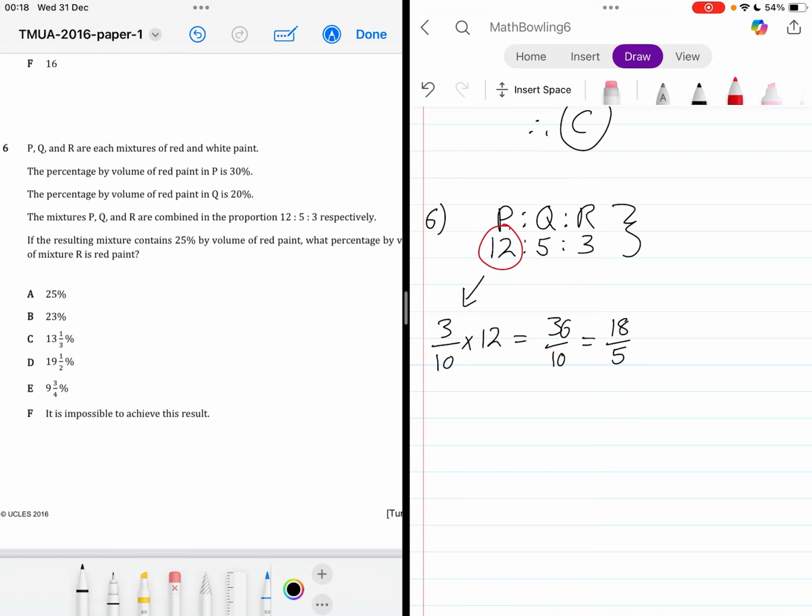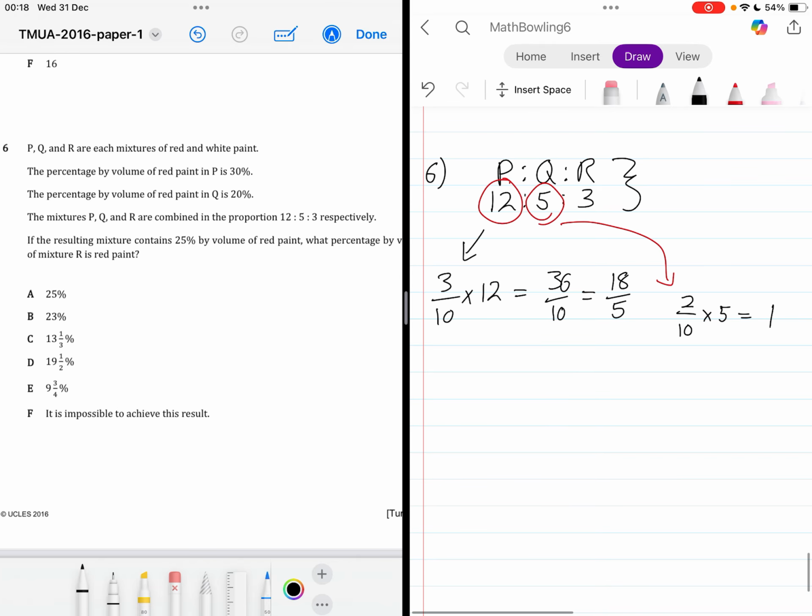Now for Q, we have 20%. This is a nicer fraction because it's just 2 over 10 times 5, which is just 1. Now our total volume is 12 plus 5 plus 3, which is 20.